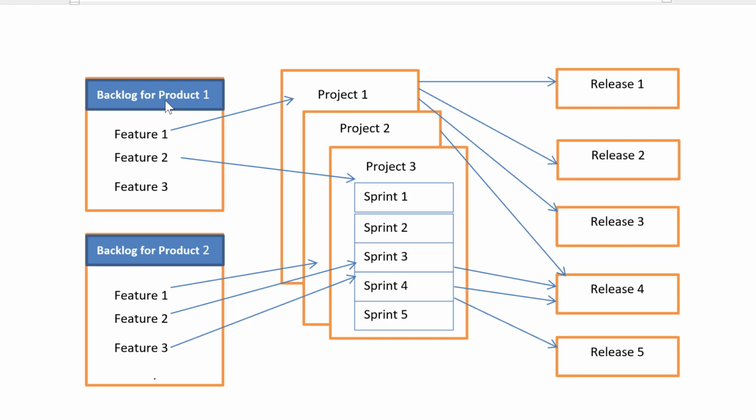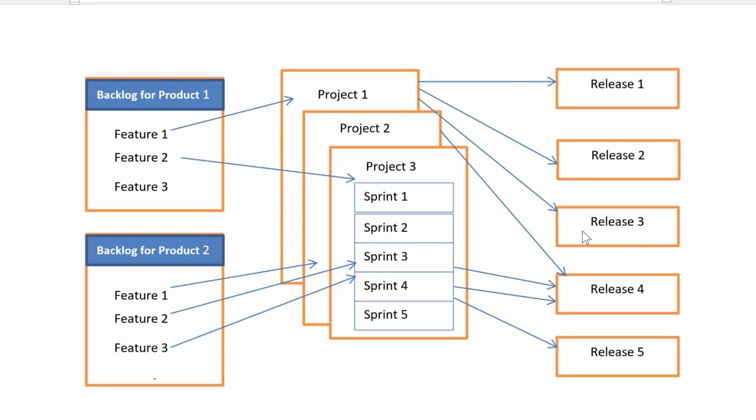For a very, very large system, you might have multiple teams. Every team is running a project, and even in the very general case, some of those projects may be agile, some of them are not. But the bottom line is releases will take features from specific projects. And a release manager, in fact, in Rommana ALM, can plan certain items from the backlog to go in a specific release.